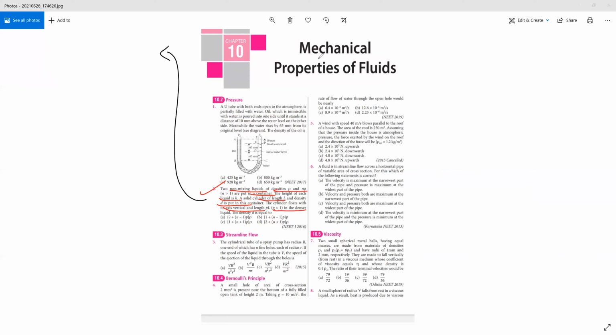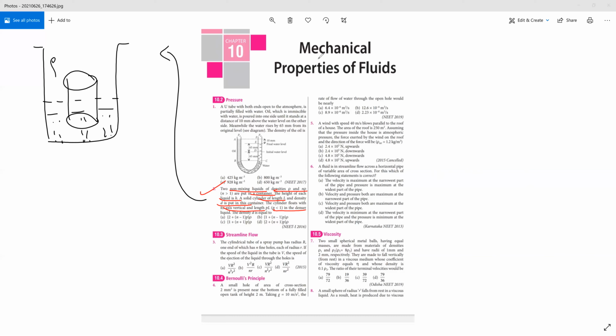So for the second one, in order to solve that, let us draw the diagram here. And this is rho. Let us consider this is n into rho.